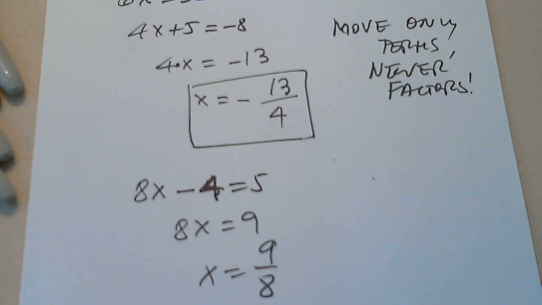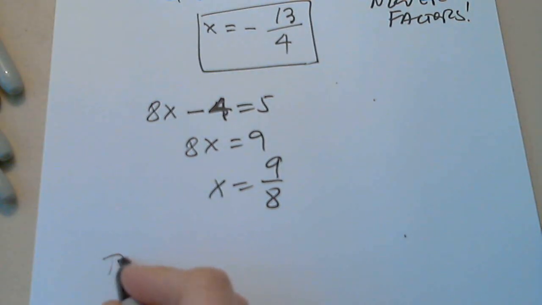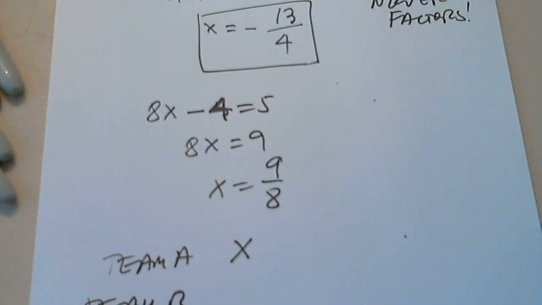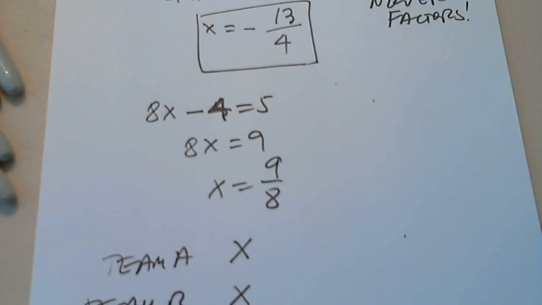So, let's say Team A scored X. Team B, or the other way around, maybe that's even easier. So let's say Team B scored X, but Team A scored 18 fewer than B.